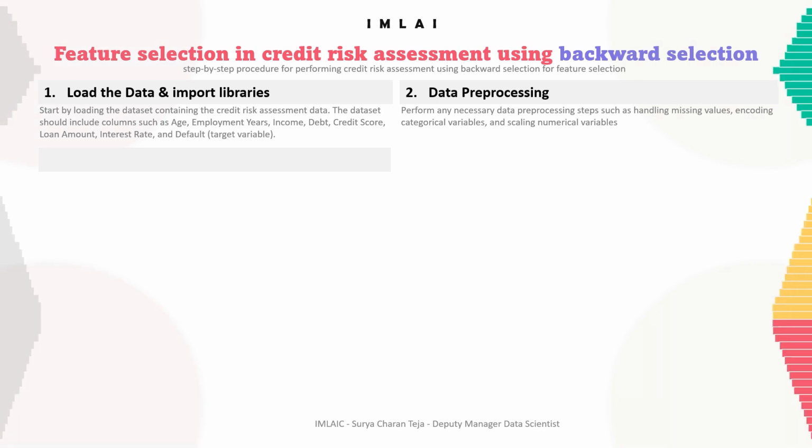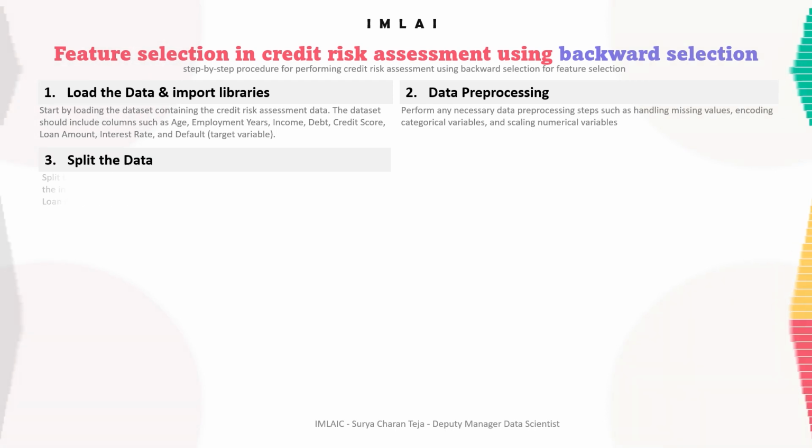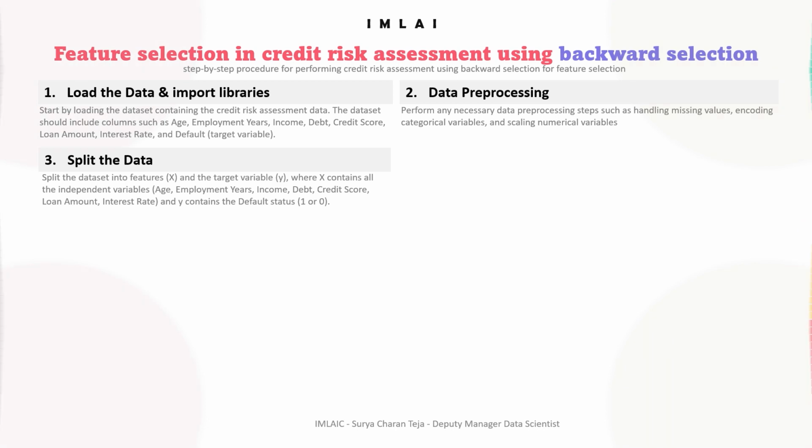The features will be used for feature selection, and the target variable will be used for model evaluation. So now let's look into this step: how to split this data set into the respective groups.